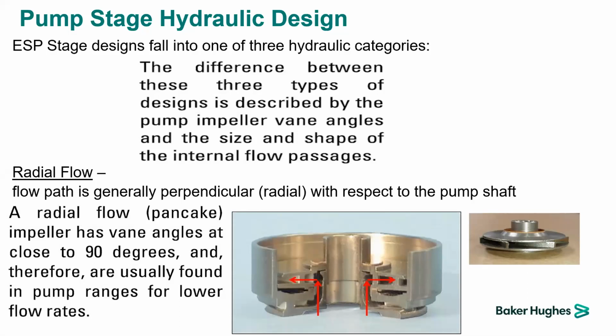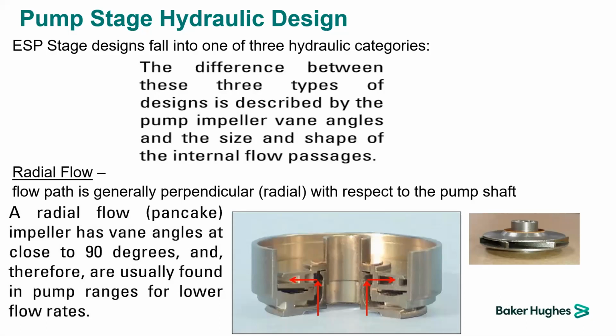there is one advantage of radial flow over the rest of the stage designs, such as axial and mixed as well. If you look at an ESP design to produce 1000 barrels of fluid, for example, and you calculate the number of stages for radial flow compared to mixed flow, you will have fewer stages.